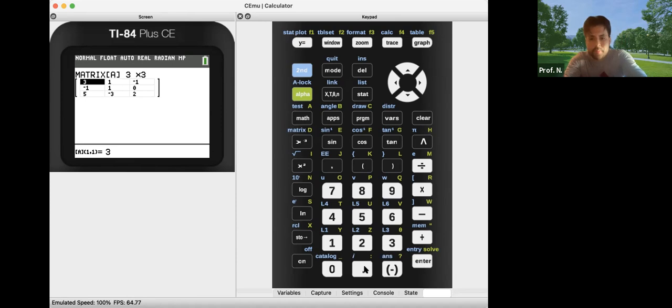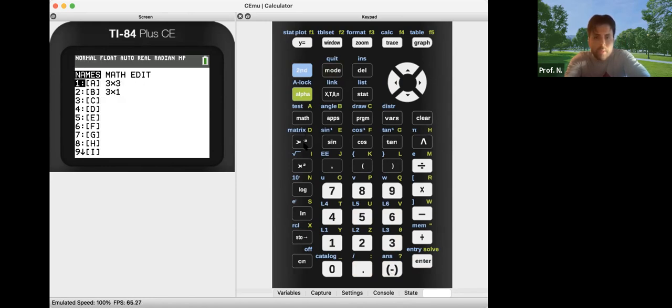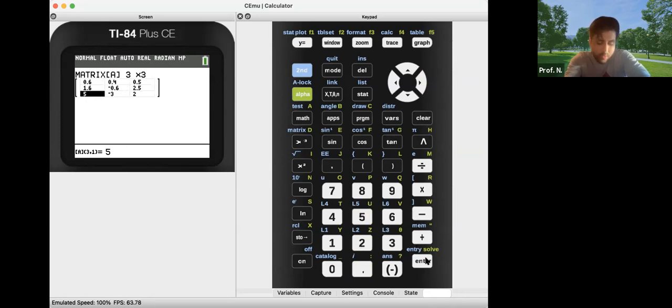I get 0.6, 0.4, 4.5, 6, negative 0.6. Oh. This is 2.5, 4, negative 1.4, and 3.